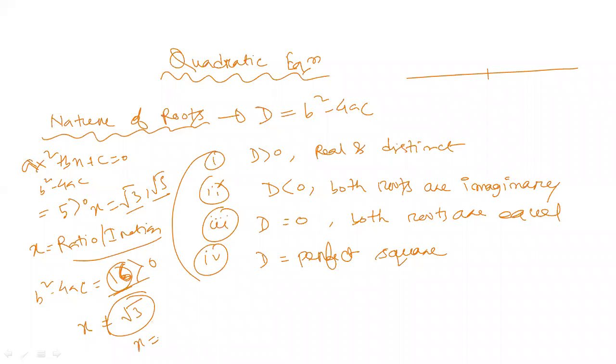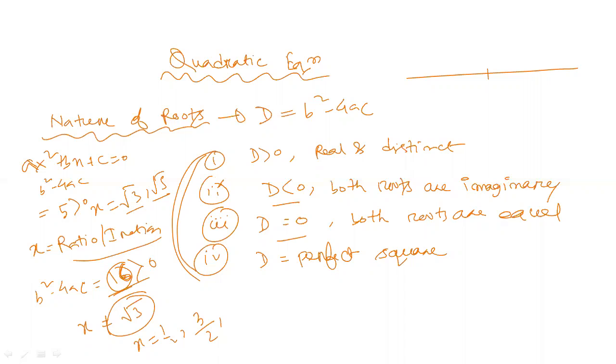So it may be a half, it may be 3/2, that means a terminating decimal. I think all of you learned this in class 9, terminating, non-terminating. So this is the basic difference between 1 and 4, and the others are simple.